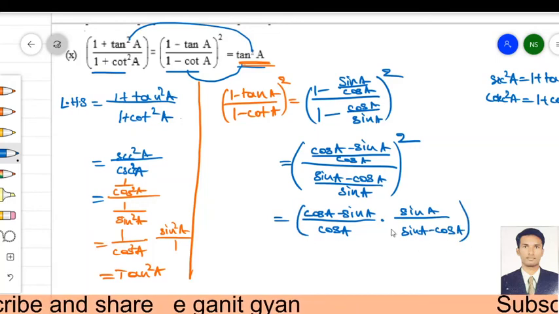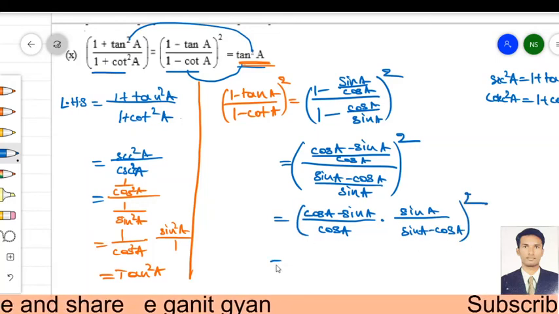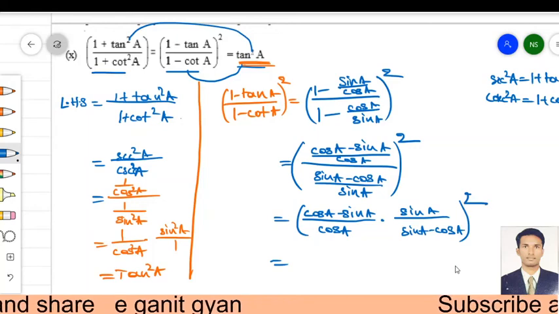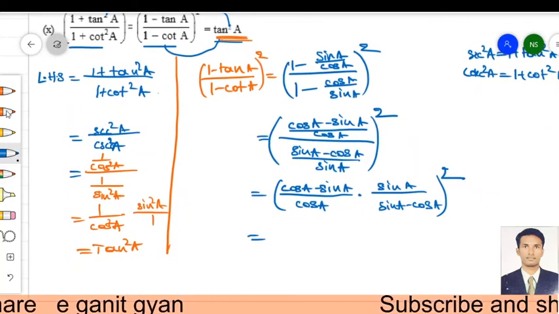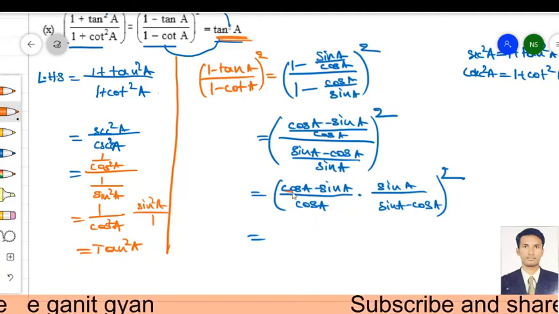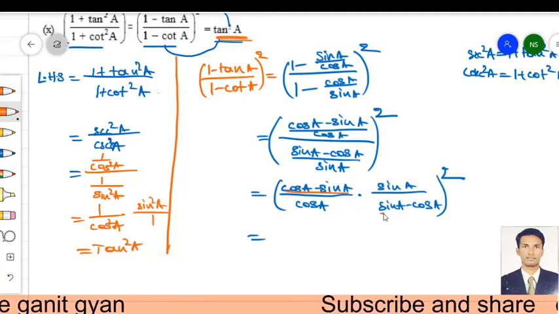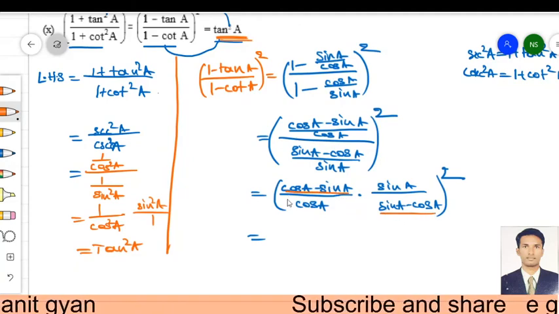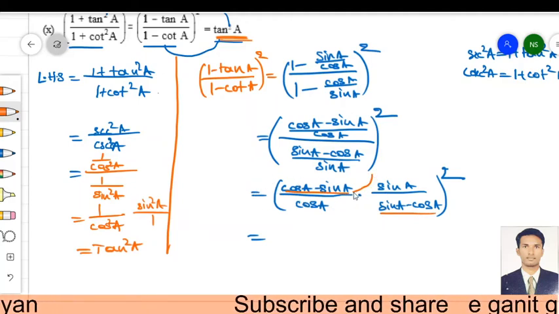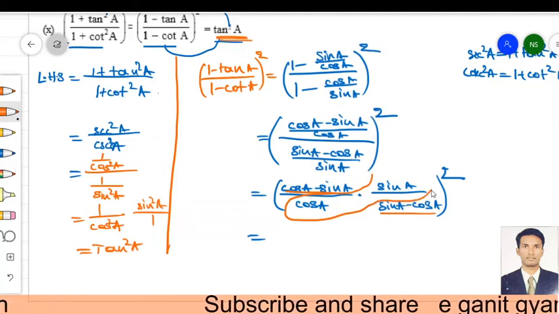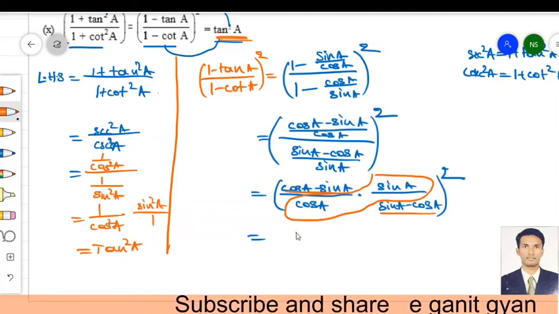All this will come in square, which is equals to, actually here what we can write, that is very important, cos a minus sin a minus cos a. What if we multiply both numerator and denominator, and anyhow we can write here sin a by cos a, which is equals to tan a.